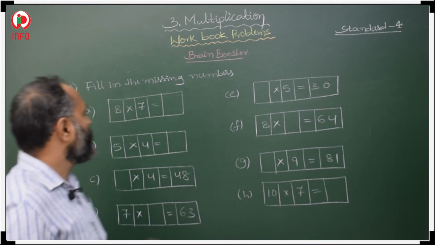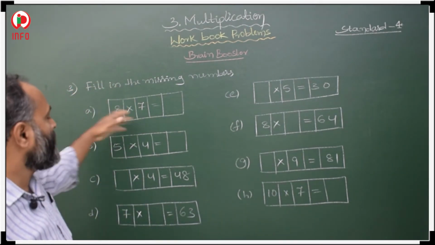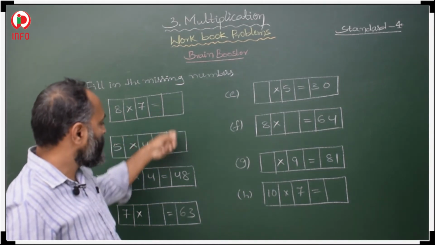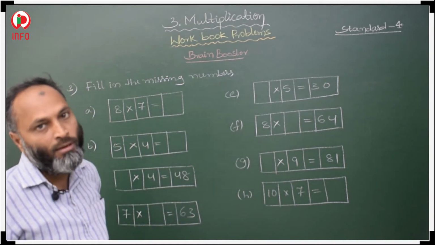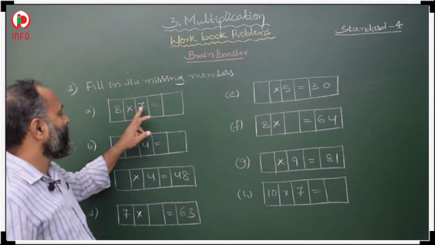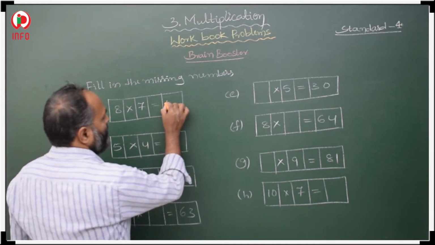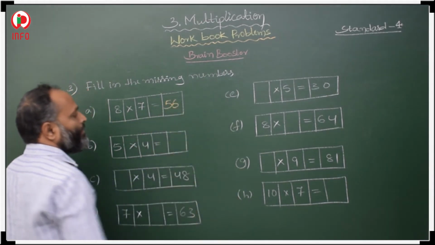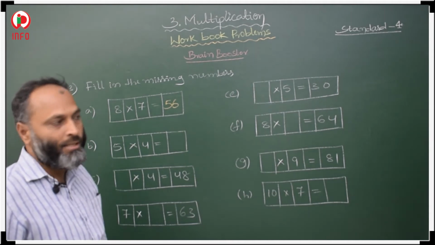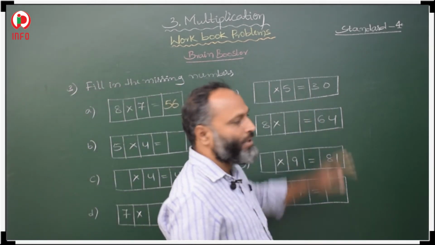Yes, now students, here is the third question: fill in the missing numbers. Some boxes are missing, so we have to fill in those boxes. First, 8 into 7 is equal to what? 8 sevens are 56, from the 8 table. Next, dash into 5 is equal to 30.